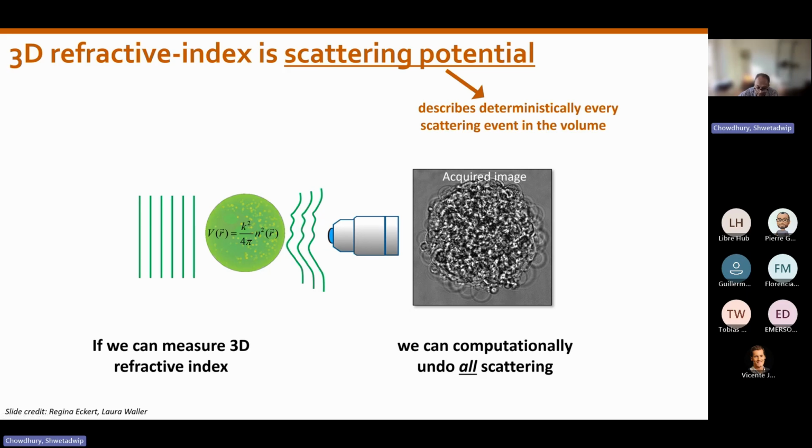And the real beauty of this is that if you can measure the 3D refractive index of a sample, that 3D distribution of refractive index can itself serve as a label-free scatter-corrected image of your sample. And so this field of refractive index imaging is what we spend a lot of our time in. Refractive index tomography, that's what they call it, is actually not new to us.